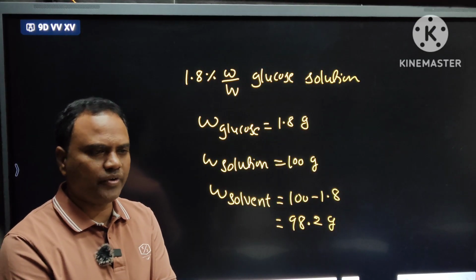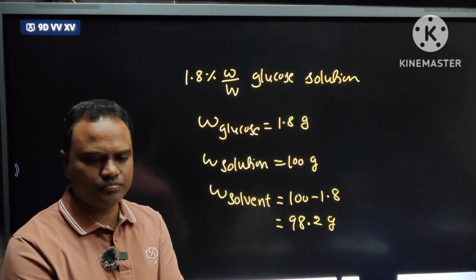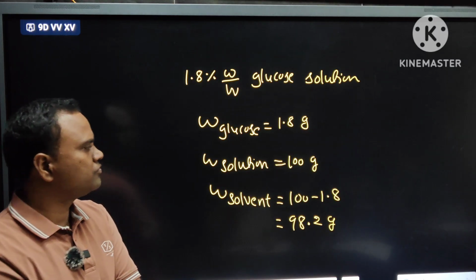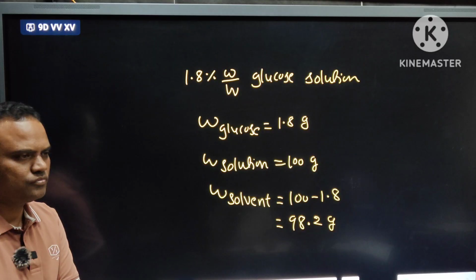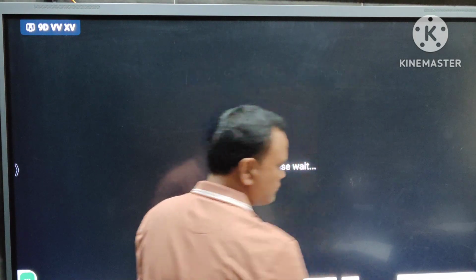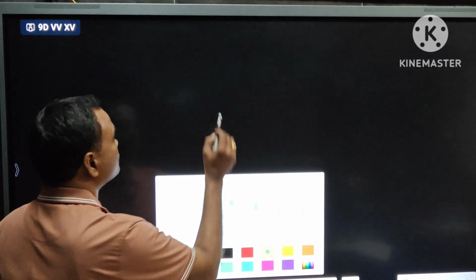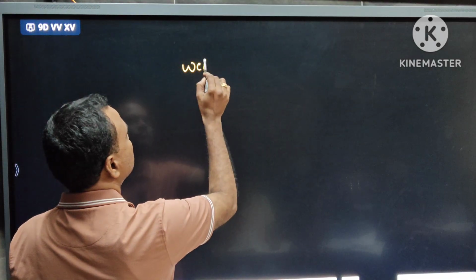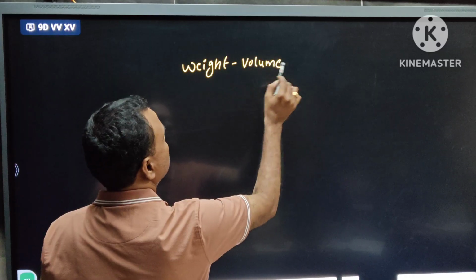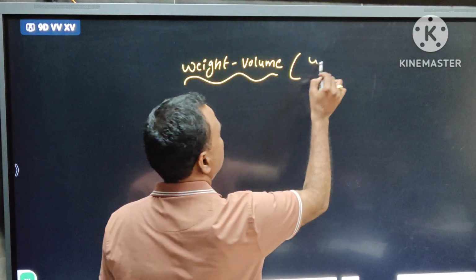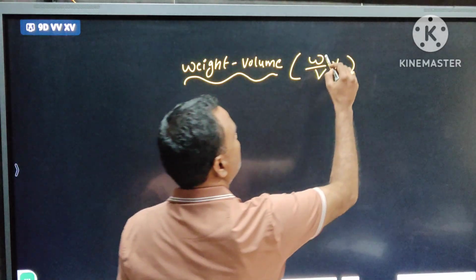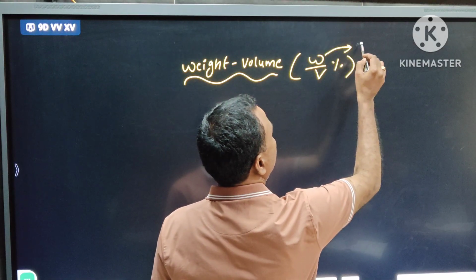Second concentration term, weight volume. Symbol is W by V. See, in one compound the data is in weights.